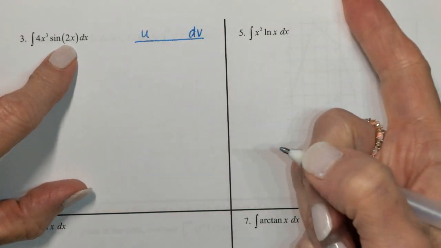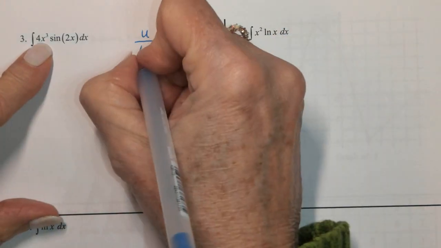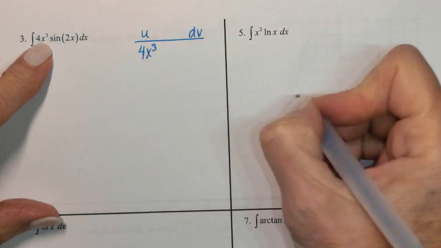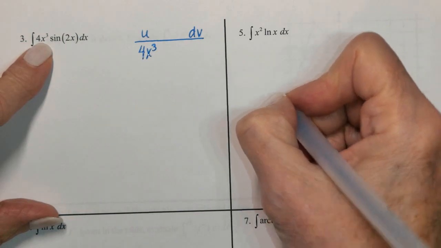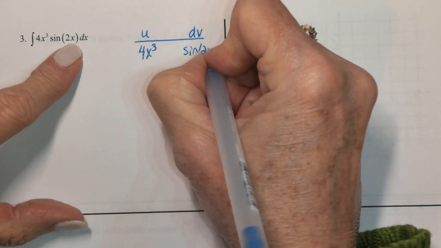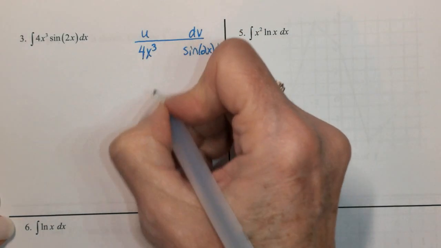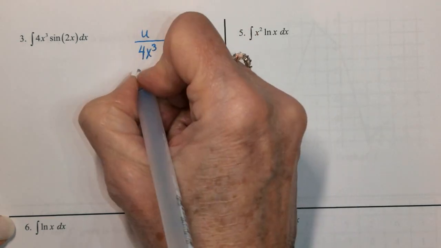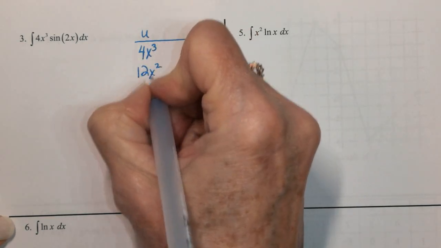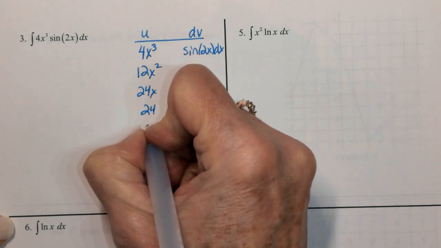No log, no inverse trig, but an algebraic, so 4x cubed is our u. dv is everything else. We take the derivative until we get down to 0. So 12x squared, 24x, 24, and 0.